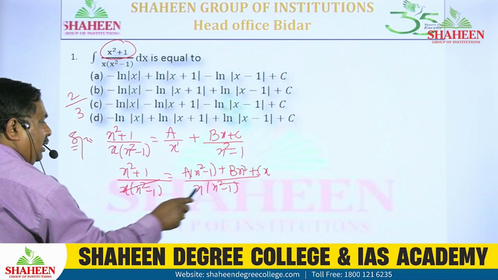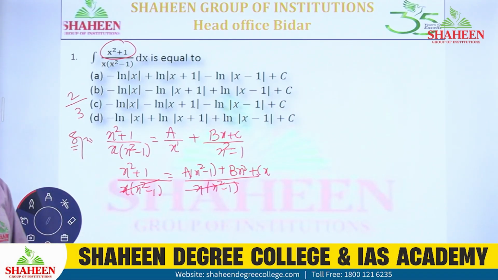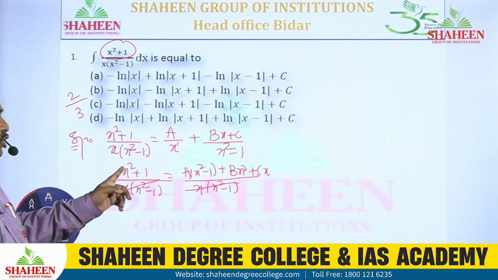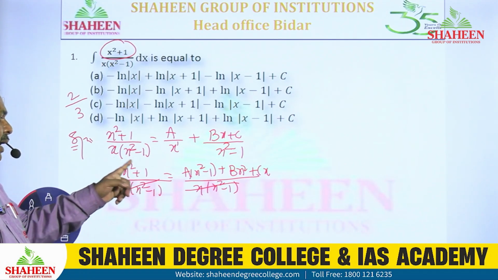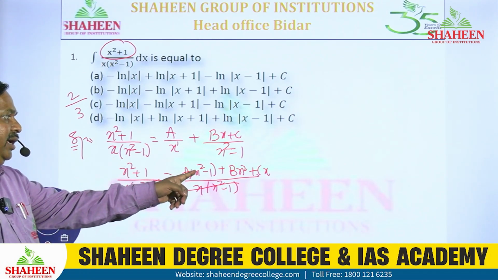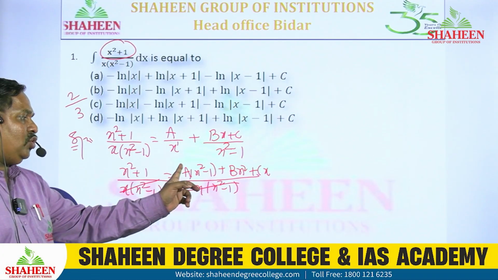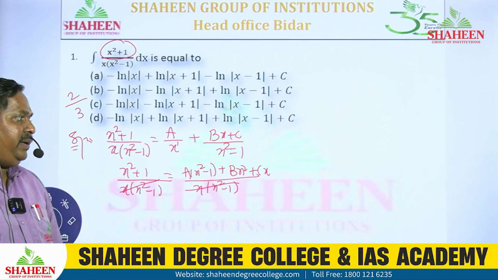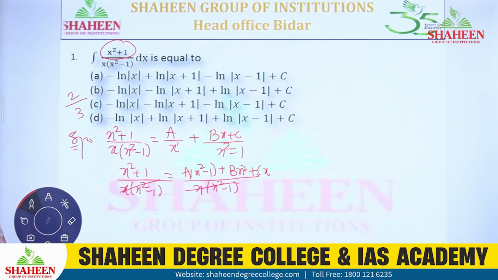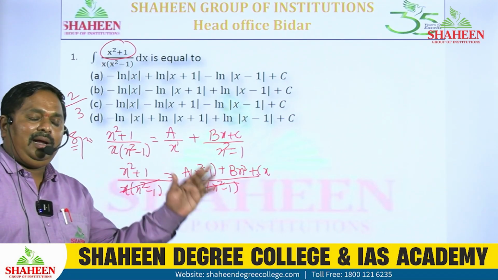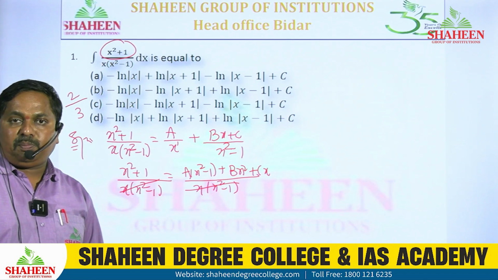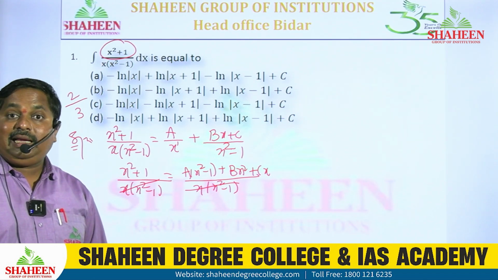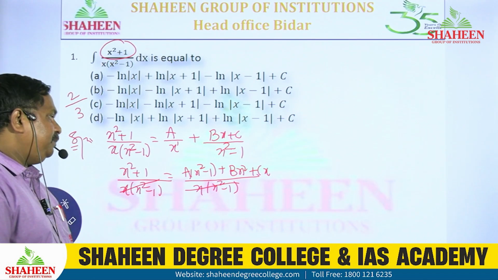Both denominators get cancelled, resulting in x square plus 1 equals a into x square minus 1 plus bx square plus cx. Now by comparing the LHS coefficients and the corresponding RHS coefficients, we'll get the values of a, b and c.